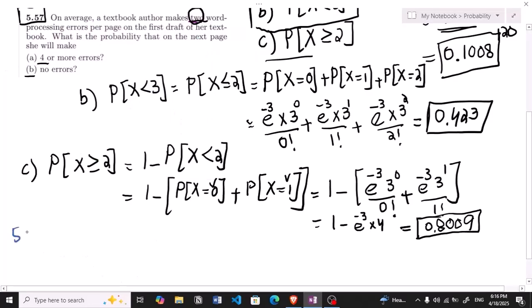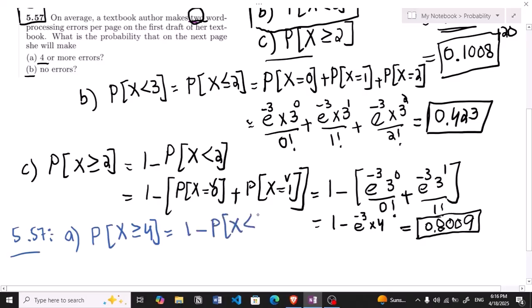Let me move down somehow for this one as well, and let me use this blue color for it. So this is question 5.57, and in part A of my question I have to find the probability that 4 or more errors are here. If I represent the number of errors with x, then x greater than or equal to 4 would be 1 minus the probability that x is less than 4. Let me write them here.